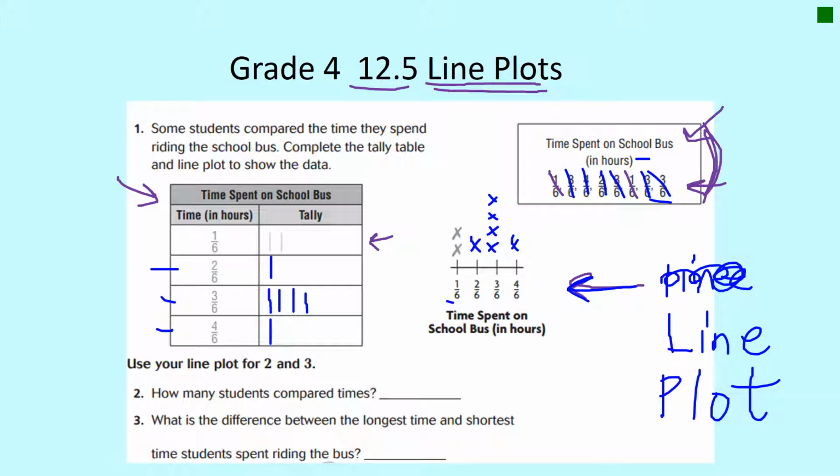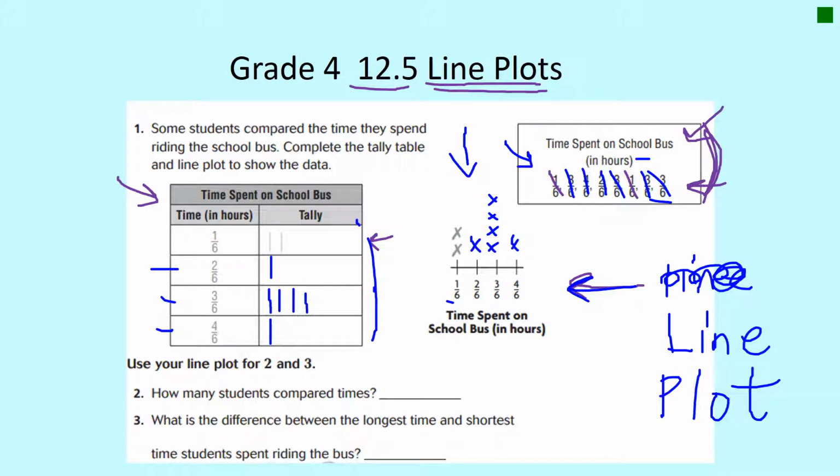Now we have to answer questions 2 and 3 about this information we just plotted. It says, how many students compared times? Basically, how many students shared the time they spend on the bus? There are 3 different places we can figure that out. We can count the tallies, we can count the numbers, or we can count the X's on the line plot.